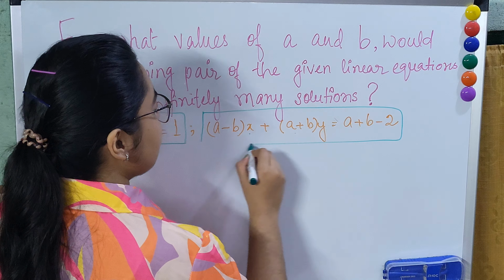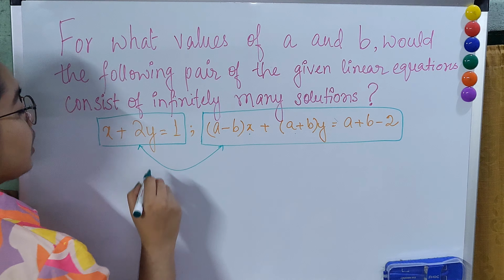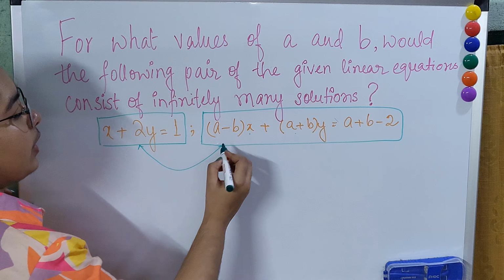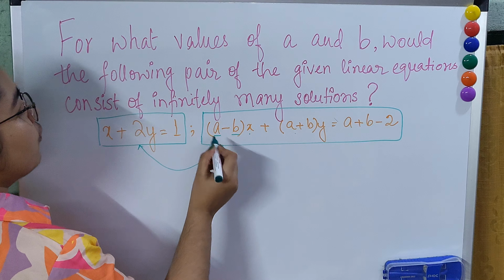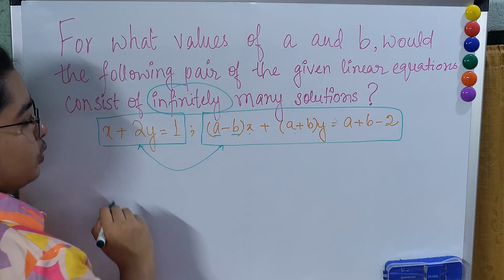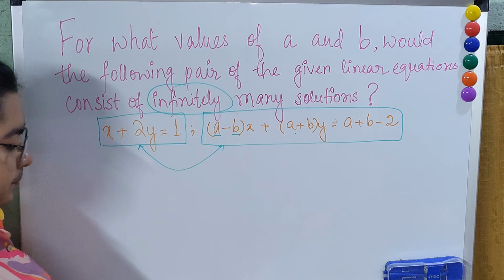These are the two linear equations from which we need to find the values of A and B for which these two equations have infinitely many solutions. Okay, so let's find out what the values of A and B would be.